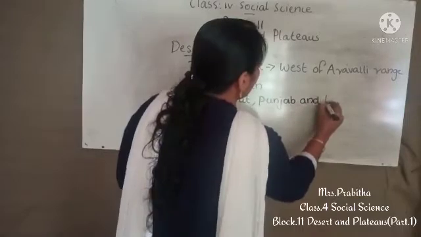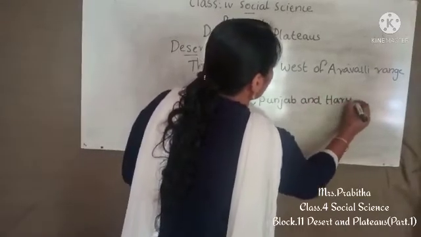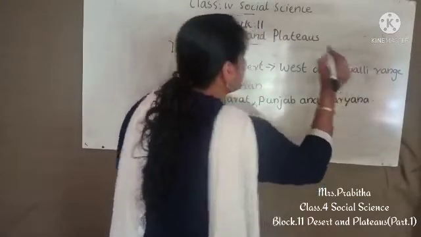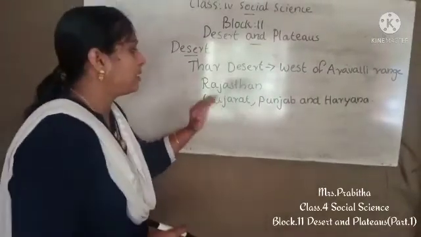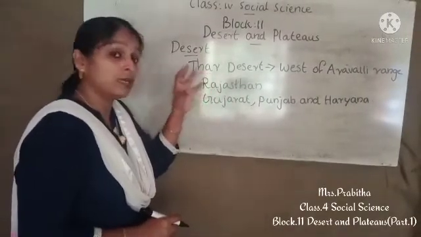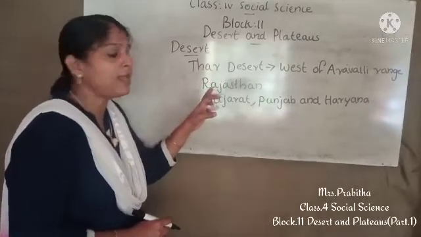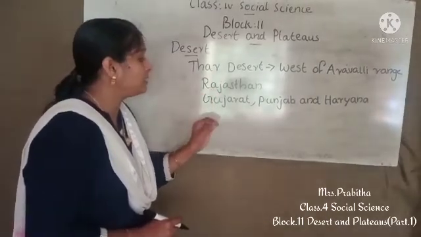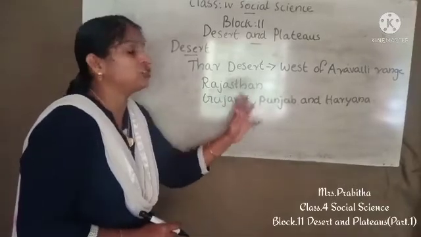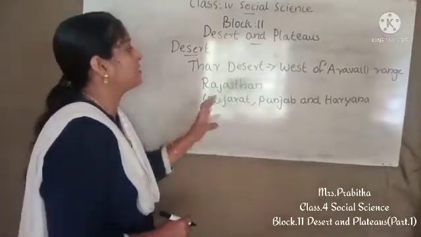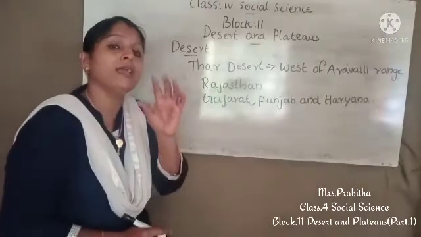So Thar Desert is mainly spread on Rajasthan and it lies in some part of Gujarat, Punjab and Haryana.